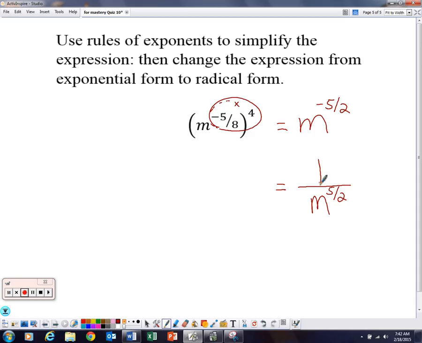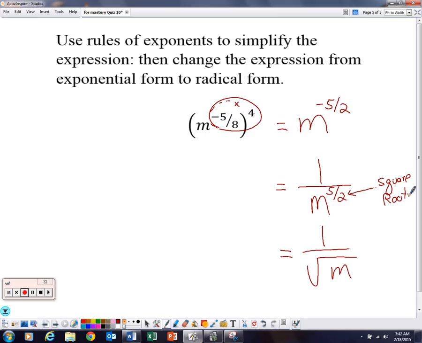Now, we're not done. Change the expression from exponential form to radical form. So we need to go one more step. We want the radical. The m goes inside. Now, the 2 tells us it is a square root.